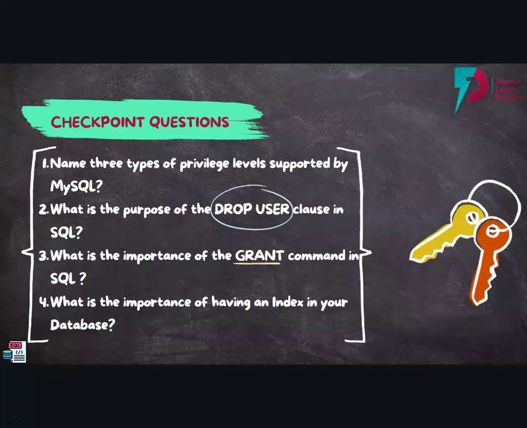Now, the second last one, Ashford. What is the importance of the grant command in SQL? Remember I said grant is to what? To add permission. Just keep it simple.